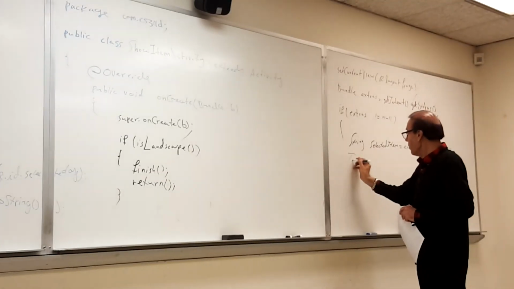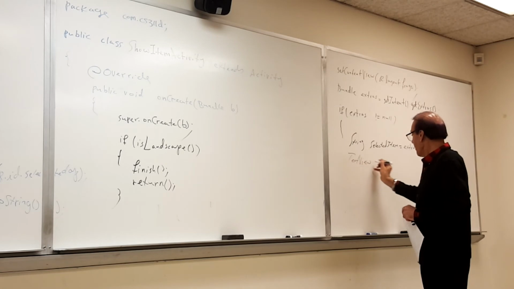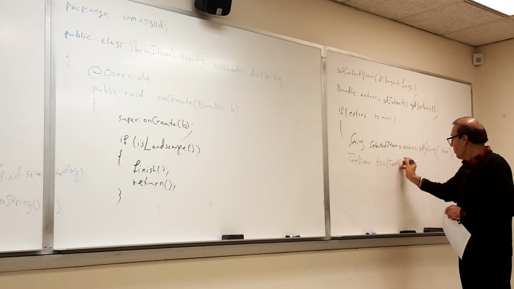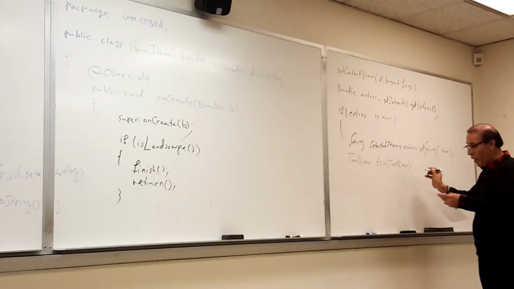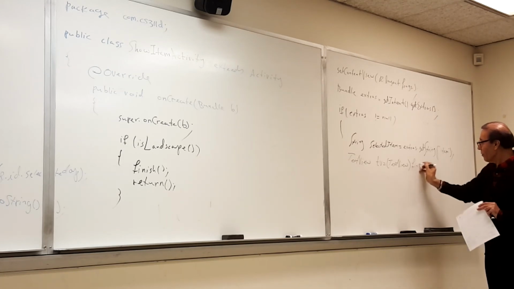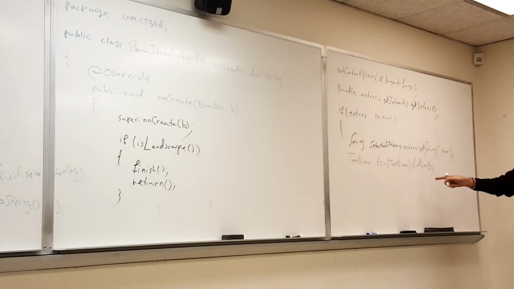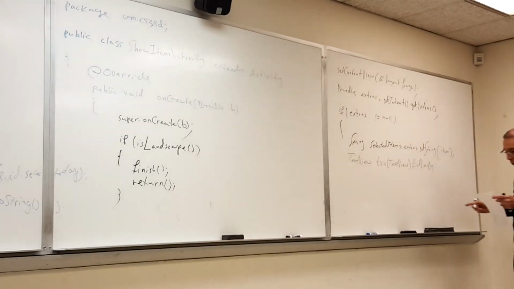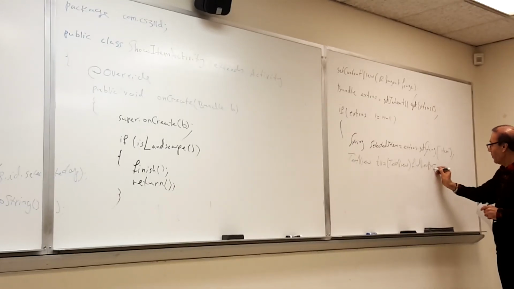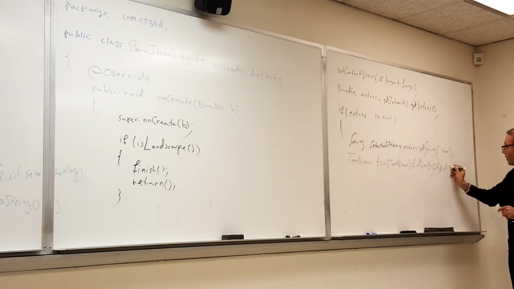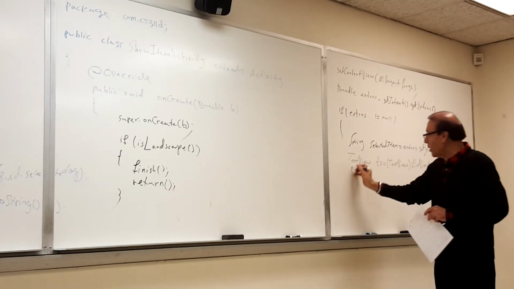TextView TV equals, find view by ID. Since we are in an activity, we don't have to worry about it; findViewById is available. R.id.selectedout. Okay, and display that.